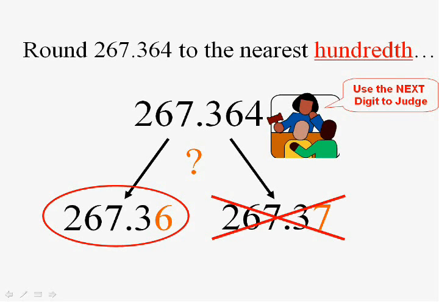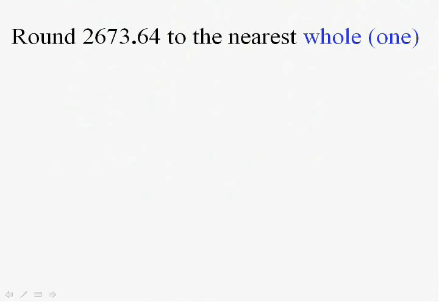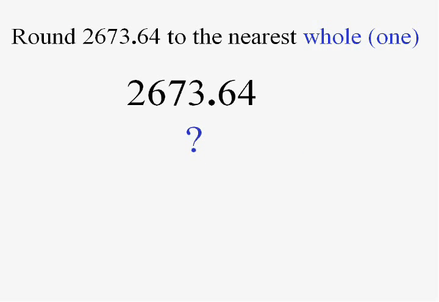Now here's an interesting one. Excuse me, Professor Brainiac. This one they want us to round to the nearest whole number. To the nearest whole number means I'm going to round to the nearest ones. That's all. Remember where the ones digit is. So basically that means get rid of the decimal portion. But I'm going to do the same thing. I'm just going to round to the nearest ones digit.